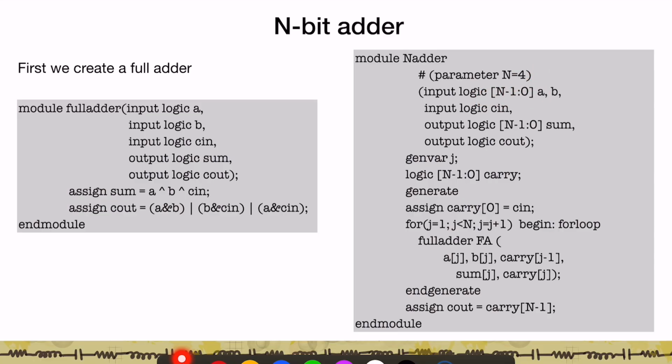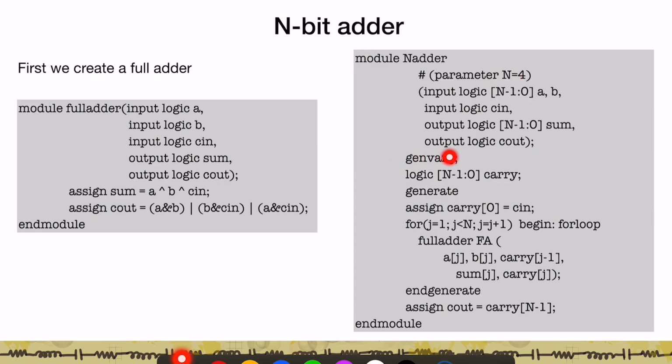So I'm adding 2 n-bit numbers, shown here as n minus 1 to 0 of A and B. I have an input carry, an output sum which is again an n-bit sum, and an output carry. So these are the inputs and outputs of the module, which is parameterized using the term n.